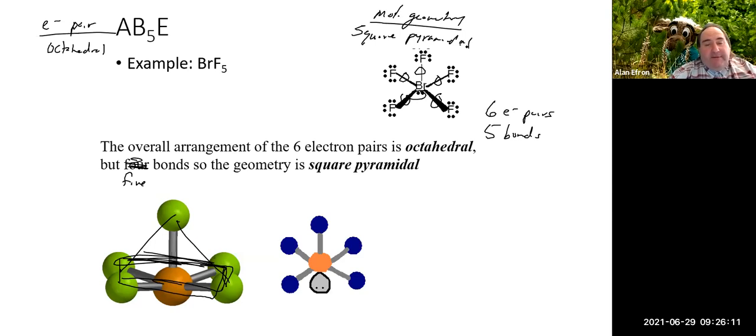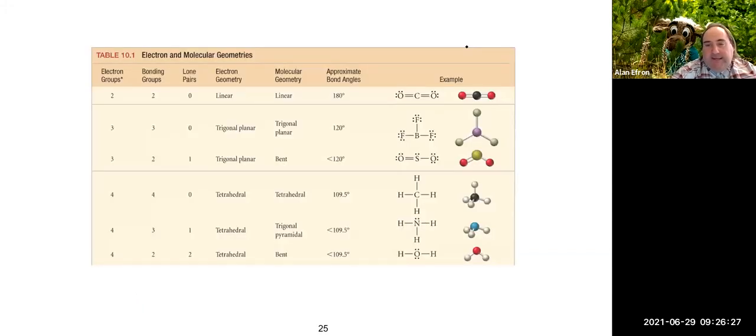So if you just take the top stuff that I drew on every slide here and put it into a chart with how many electron pairs and bonds around the central atom, that's really the best way to learn these if you're not sure. Here's a chart, not from your book, but you have a similar chart. You can see that typically, when we start introducing those non-bonding electrons, so here, no non-bonding electron, everybody's the same.